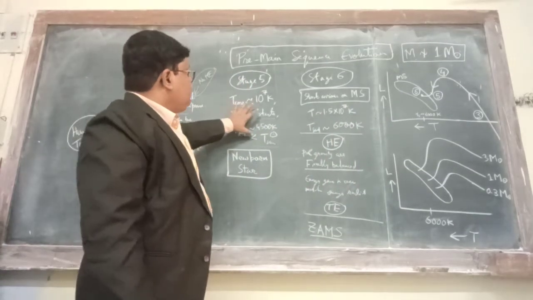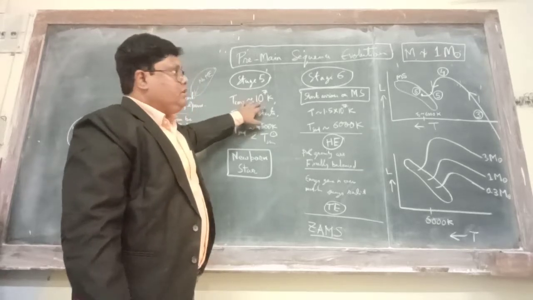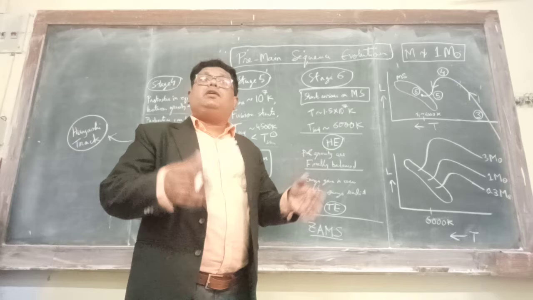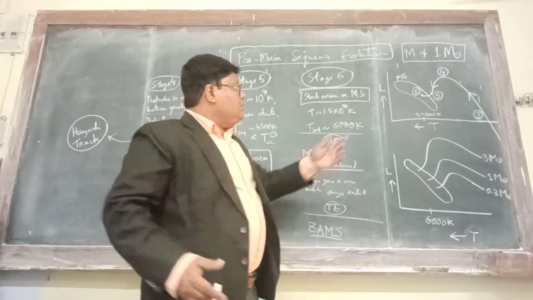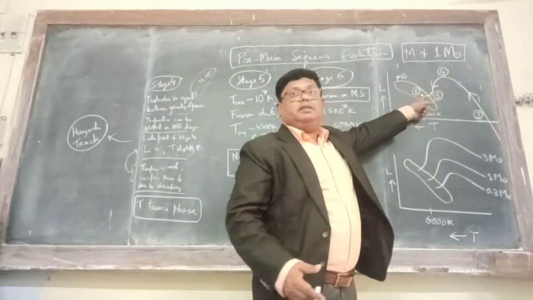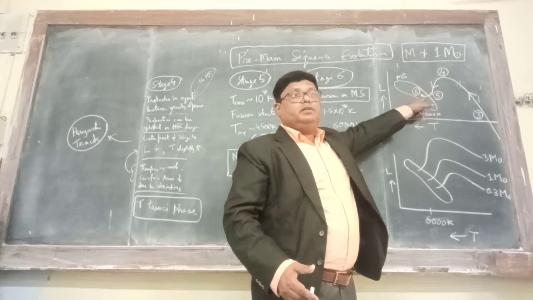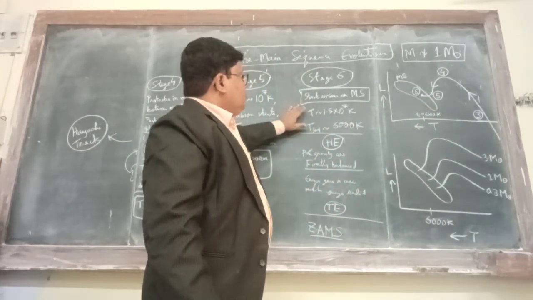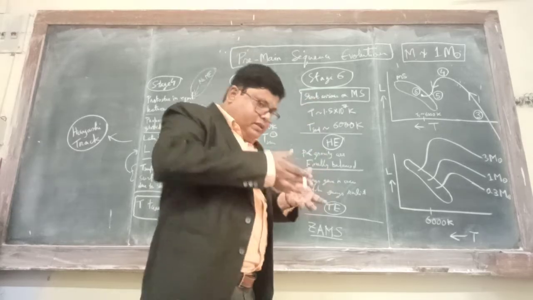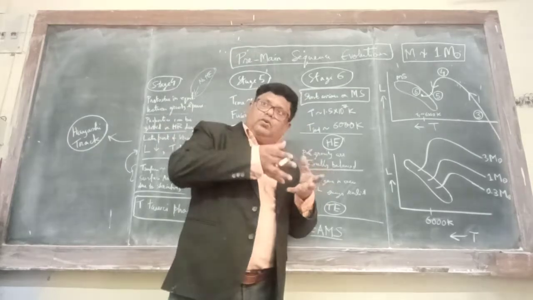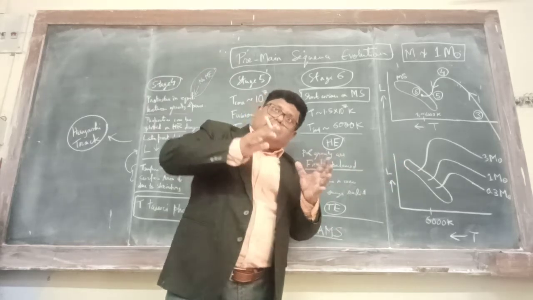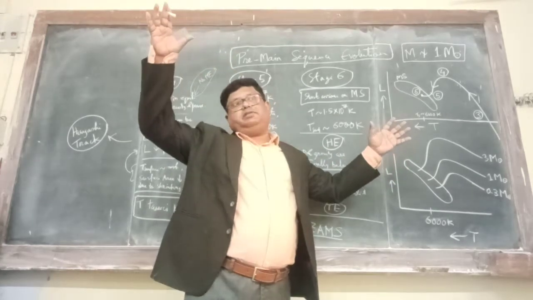And also because of this increased fusion temperature, what will happen? The temperature keeps on increasing nearby and more fusion will start. So as a result, overall temperature increases sharply. Okay? So you see, overall temperature increases and slowly the temperature in the core is dissipated towards the surface, and so the surface temperature also keeps on increasing.